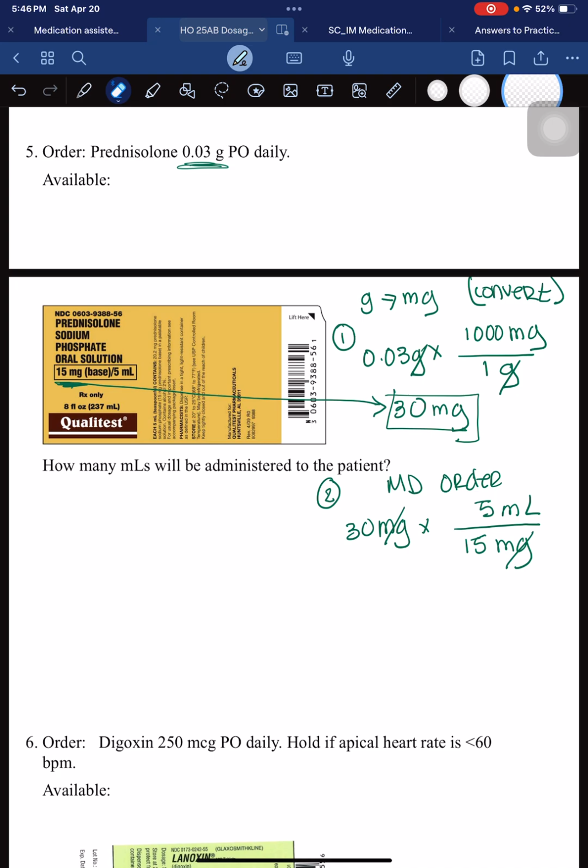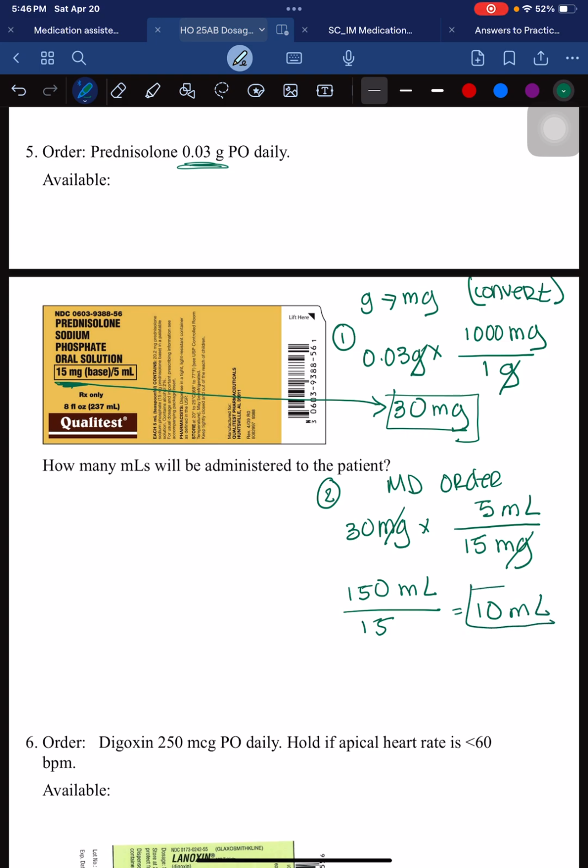Okay, 30 times 5 is 150 ml. Divide by 15. 10 ml is what you give to the patient, is what your order is. Okay.